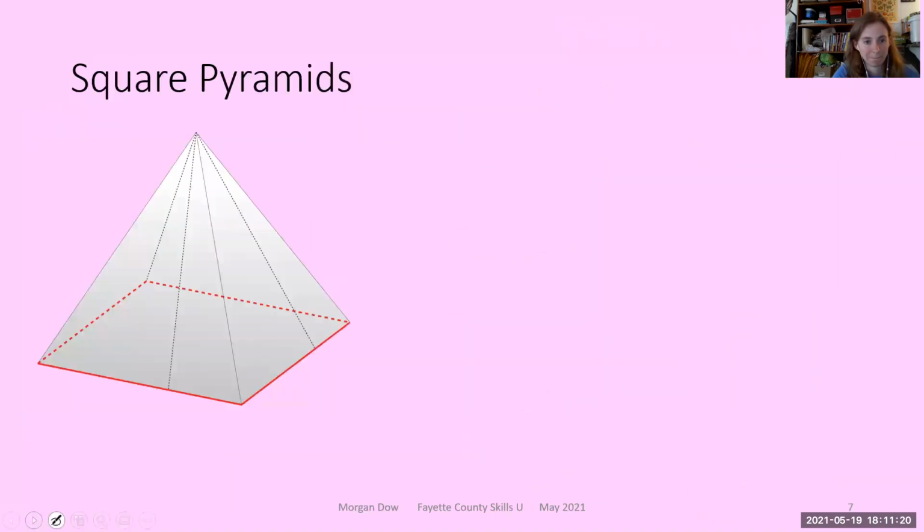Okay. Now let's talk about pyramids. First I'm going to put some measurements onto this pyramid here. So I'll call this the length of one of these sides.